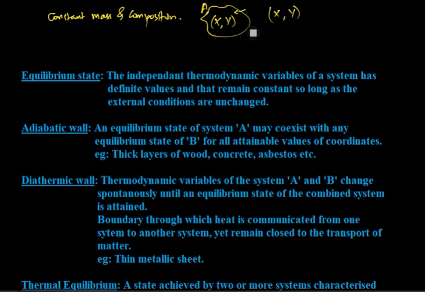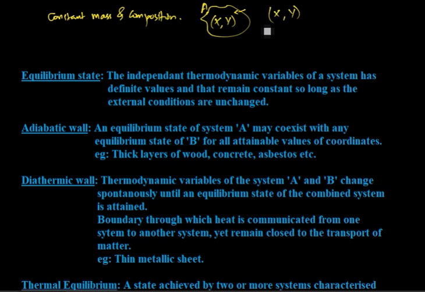If the system is in a particular state characterized by the values x and y, and you are not changing the external conditions, then the state of the system remains the same with the definite values of these independent coordinates, and that system is said to be in an equilibrium state.